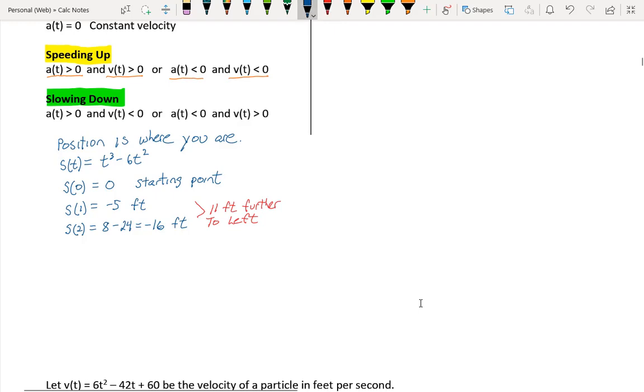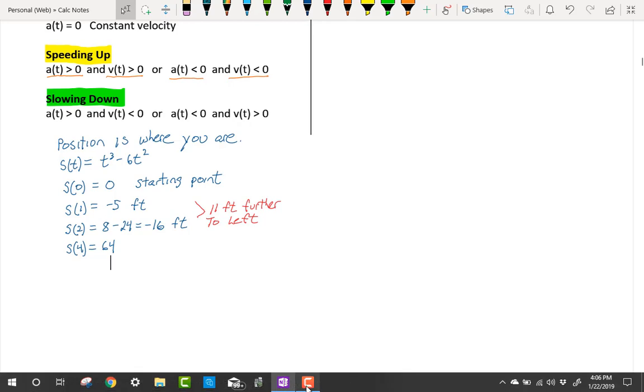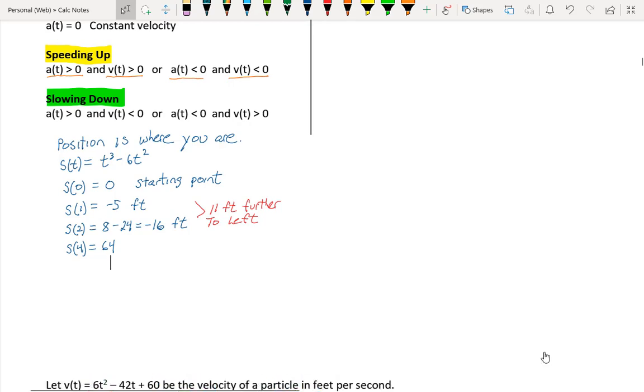And so if we do s of 4, I'm just using the same numbers that were up top there. If I do s of 4, I'm going to get 4 cubed, which is 64. Hang on a second here, guys. So if I do s of 4, I get 64 minus 4 squared is 16. 16 times 6 is 96.